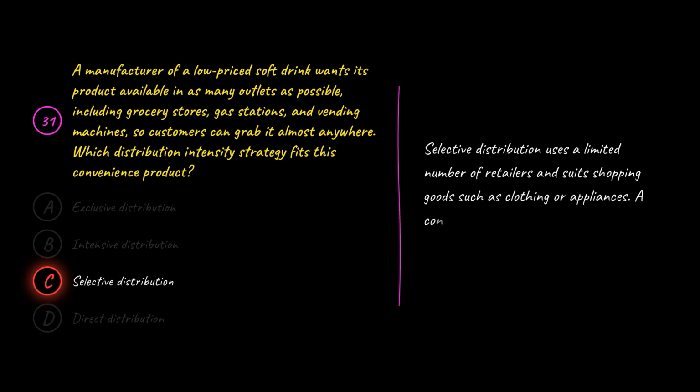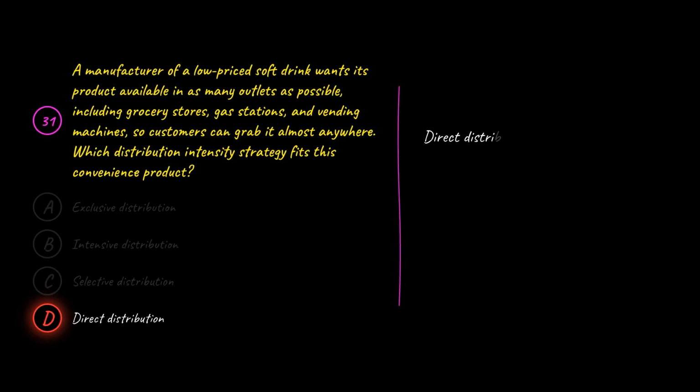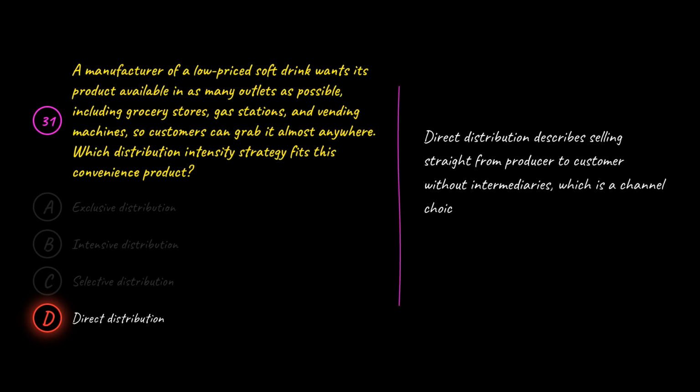A convenience good meant to be available everywhere calls for intensive, not selective coverage. D is wrong because direct distribution describes selling straight from producer to customer without intermediaries, which is a channel choice rather than a level of market coverage. The question asks about intensity, which is intensive.